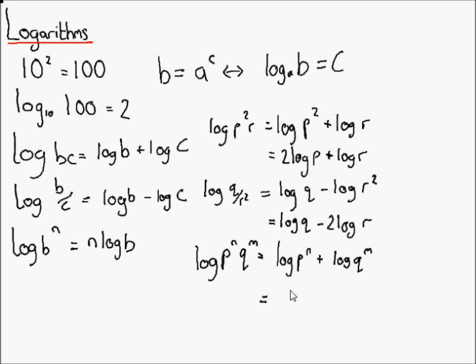Again, this is not in terms of log p and log q because they're raised to some power n and some power m. We don't know them and we don't need to know them because we've got this law here, that log b to the power of n is equal to n log b. So that is equal to n log p plus m log q, and that is it.